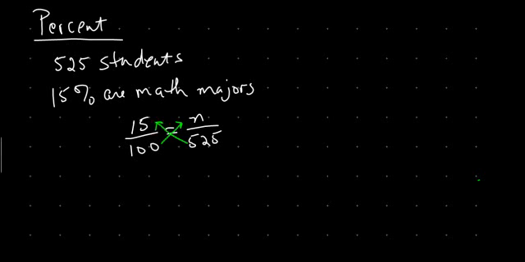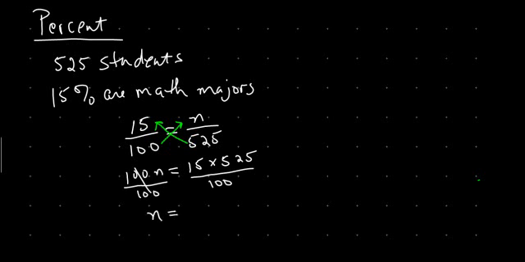And we get that 100 times n equals 15 times 525. Okay? We want to get that number n by itself. To get it by itself, divide out by the 100. And here the 100s cancel. n equals 15 divided by 100.